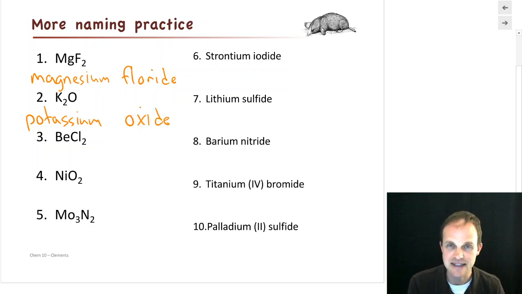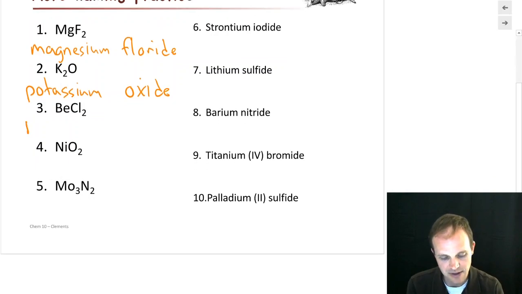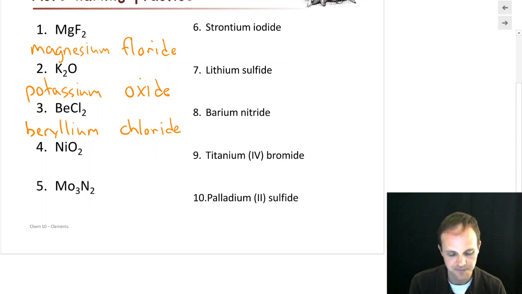And we put the IDE to let us know we have an anion. The next one, beryllium chloride. And again, we don't need the parentheses there because we have something that's in the alkaline earth metals.